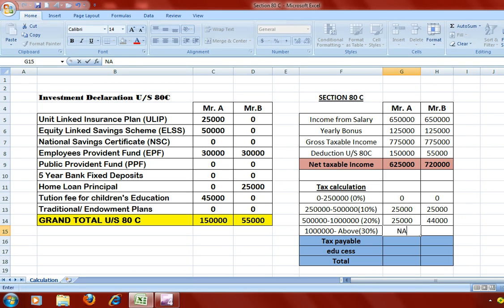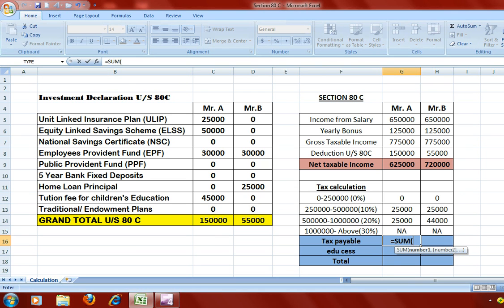The final slab is not applicable for Mr. A and Mr. B. The reason is their income is already capped at 6.25 lakhs and 7.2 lakhs respectively. If their income is more than 10 lakhs, then the final slab is applicable for them as well. Now we have to sum the total tax payable by these two individuals.